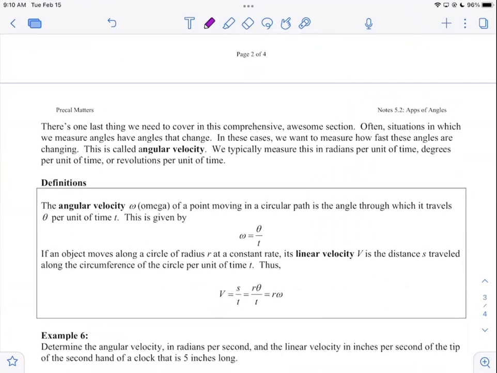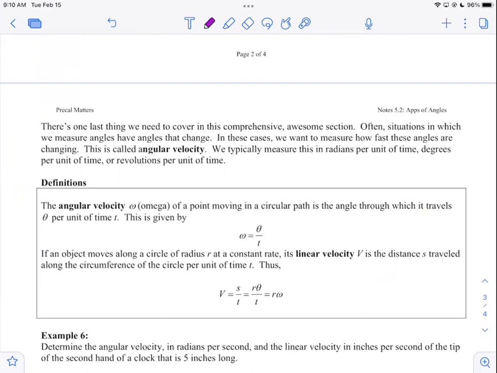Angular velocity. Okay, so maybe you've had this in your physics class, but once something rotates, we can measure how fast it rotates. Just like when something changes its horizontal position, we can measure how fast that horizontal position is changing. We call that linear velocity. And we measure that in distance units per time, like feet per second or miles per hour.